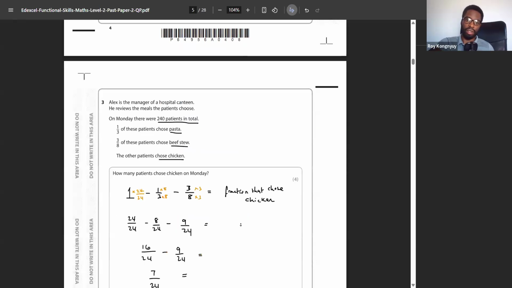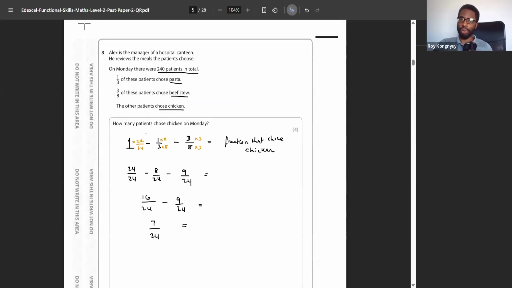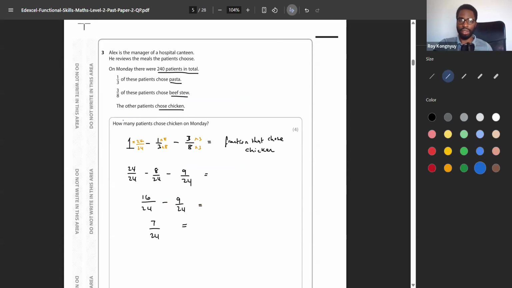Next, we had a look at this fractions problem. We wanted to first find what fraction chose chicken. Right? To do that, we wanted to subtract the fractions that chose pasta and beef from the whole. And to do that, we had to reduce everything into a common denominator.